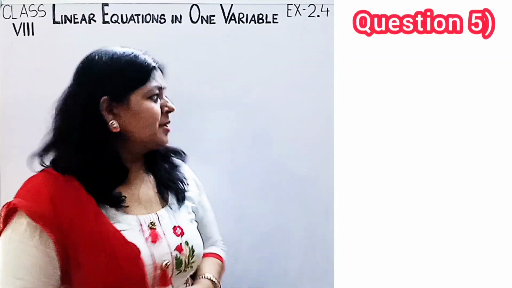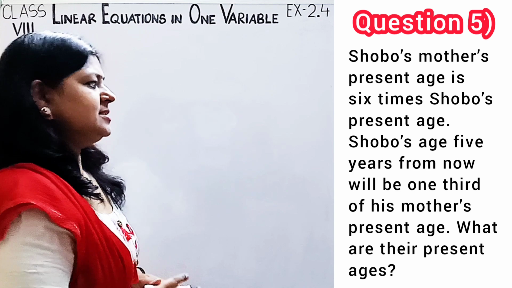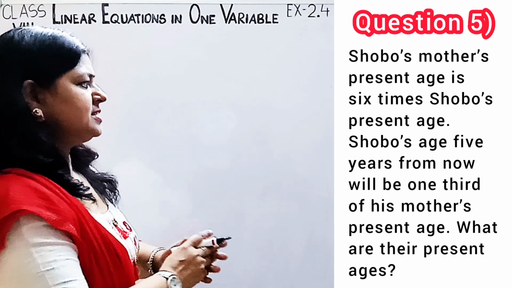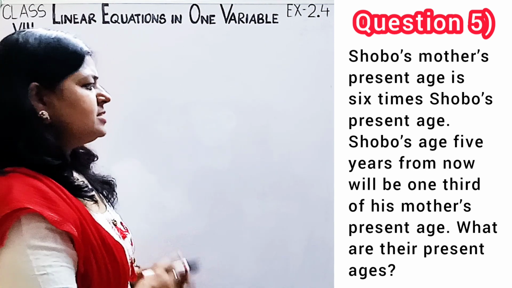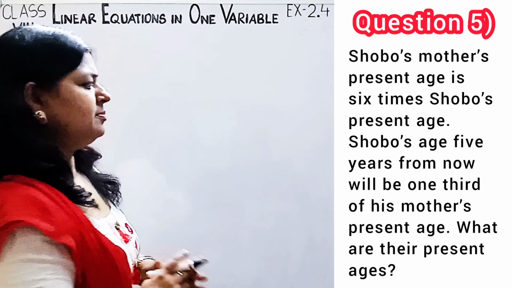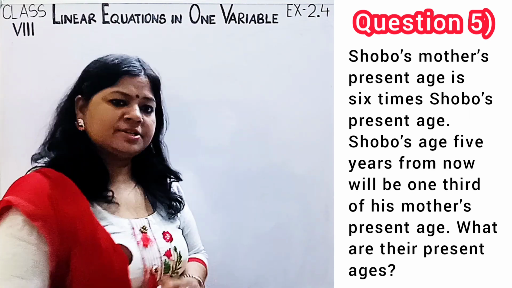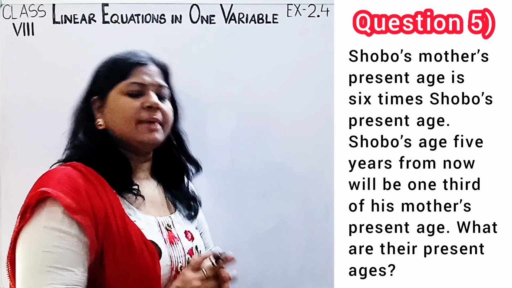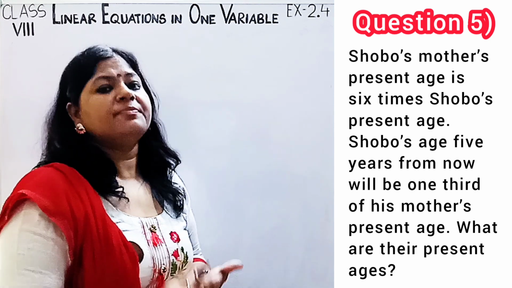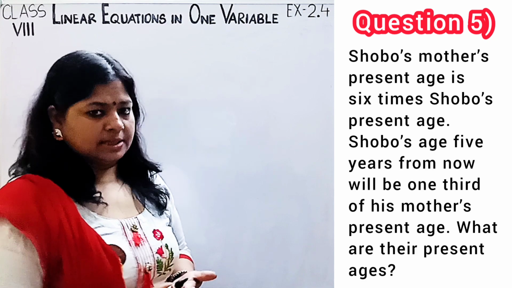Question number 5. Shobo's mother's present age is 6 times Shobo's present age. Shobo's age 5 years from now will be 1/3 of his mother's present age. What are their present ages? So, in this question, we have to find out the present ages of mother and son.